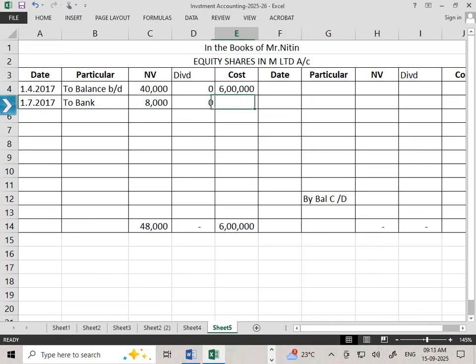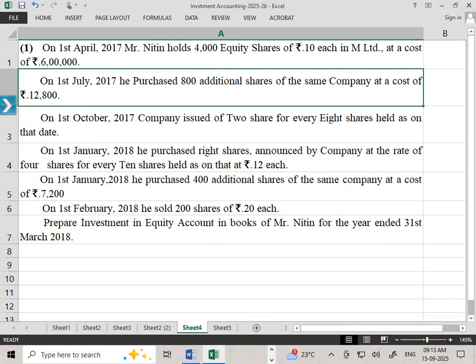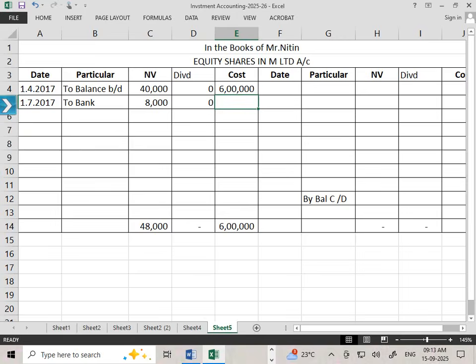Dividend 0. The cost they have already given, 12,800, so write down 12,800. Very simple. There is no interest to calculate, no ex-dividend or cum-dividend. Whatever is given, record it properly.